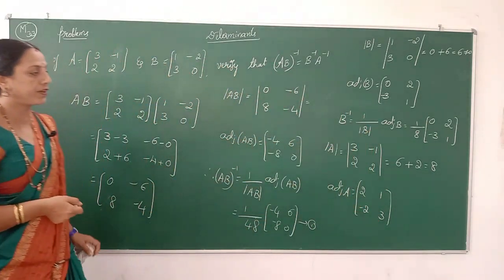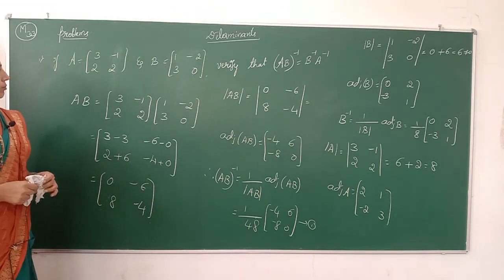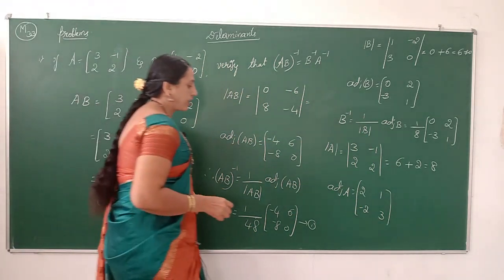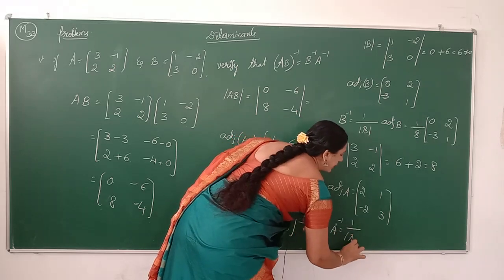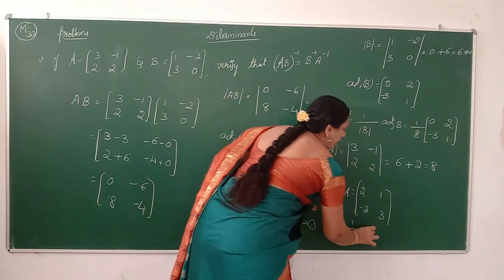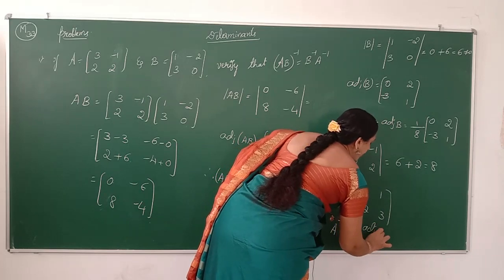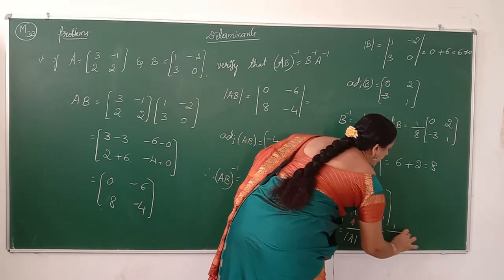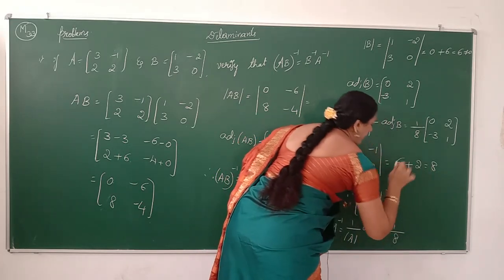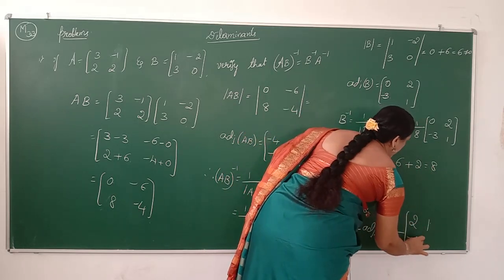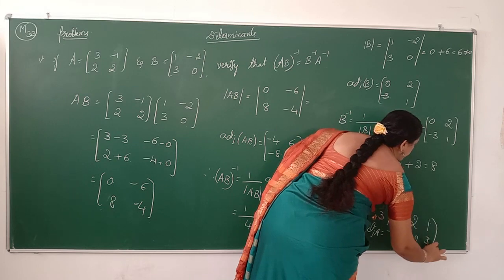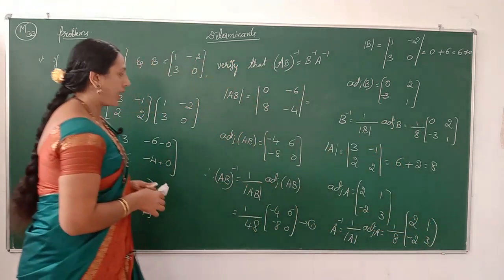Therefore adjoint of A is [2, 1; -2, 3]. Therefore, A inverse is equal to 1 over determinant of A into adjoint of A, that is 1 over 8 into [2, 1; -2, 3]. These are the elements of A inverse.